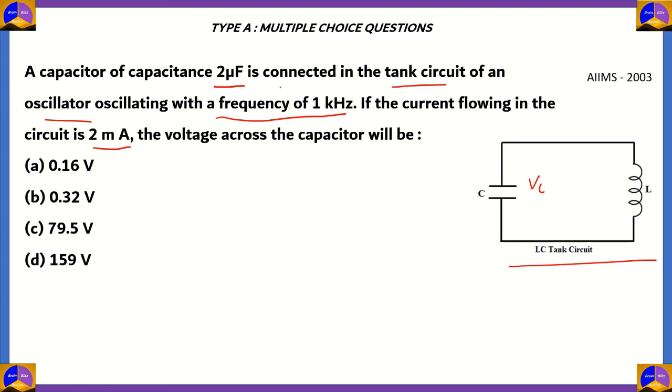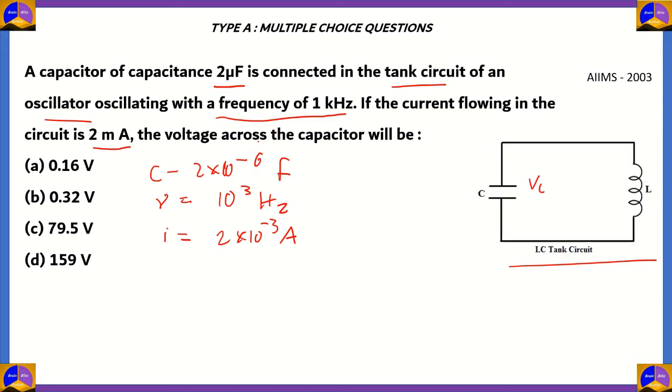So C has 2 microfarads, so the value of C is 2 into 10 raised to minus 6 farad. The frequency here is given as 10 raised to 3 hertz. And we also have the value of I, which is equal to 2 into 10 raised to minus 3 amperes, because it's 2 milliamperes.